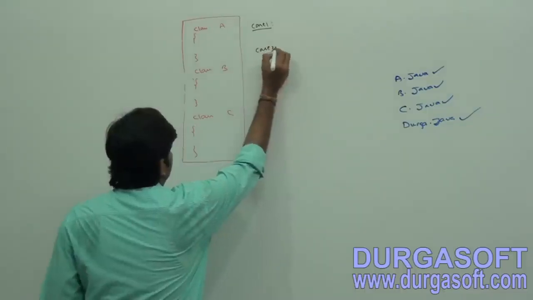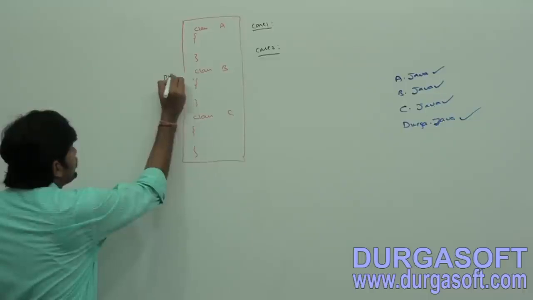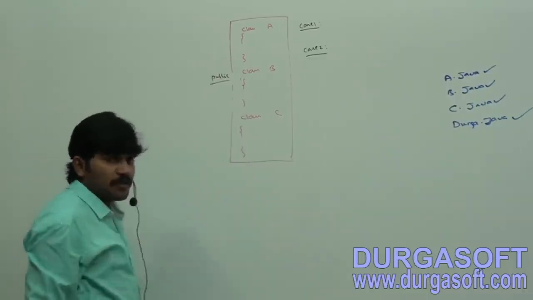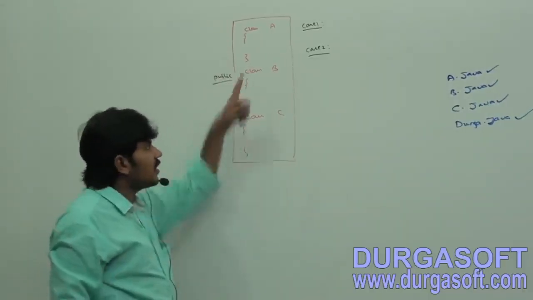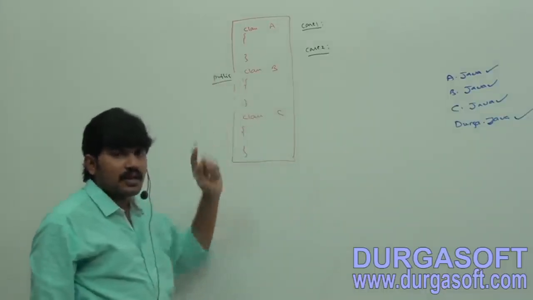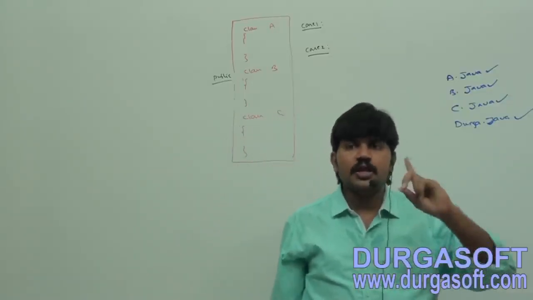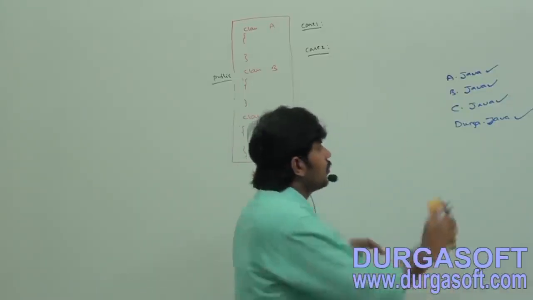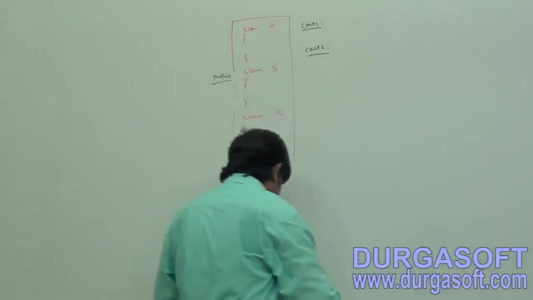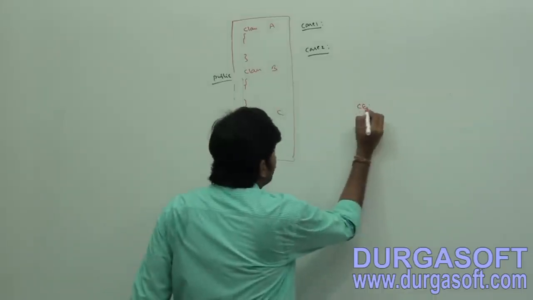Next, case 2. Listen to this one. If class B is public, then compulsory the name of the program should be B.java. By mistake, if you are using any other name, immediately you are going to get a compile time error. Sir, can you spell out what that compile time error is?